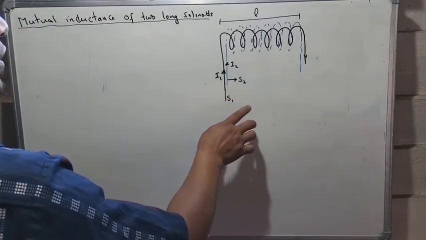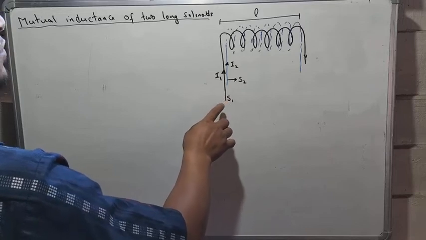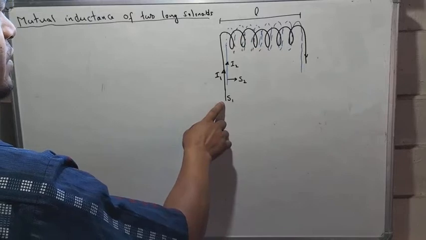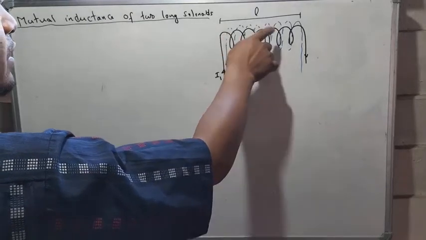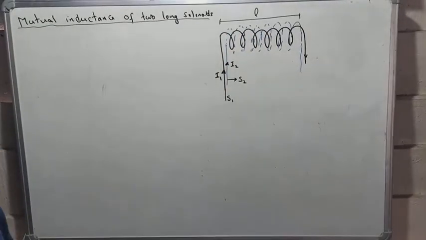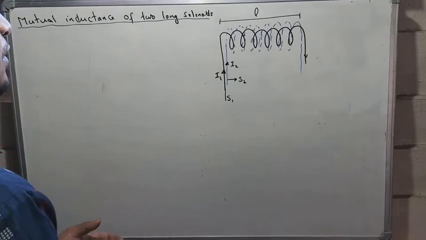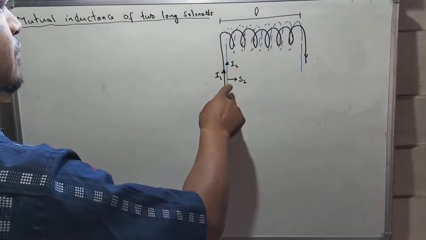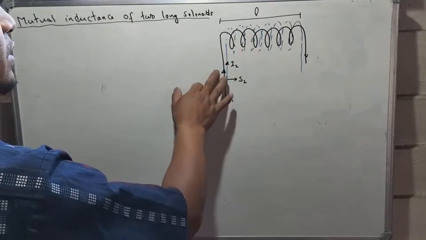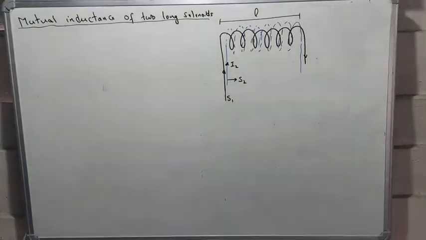Because there are two solenoids, different currents will be passing through them. A current I1 passes through the first solenoid S1, and a current I2 passes through the second solenoid S2. Let us imagine that the current I2 is passing through S2, while there is no current I1.